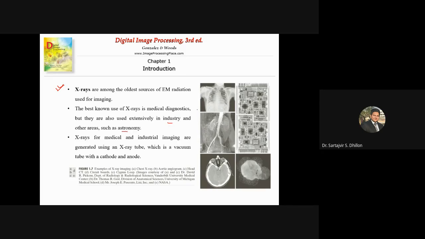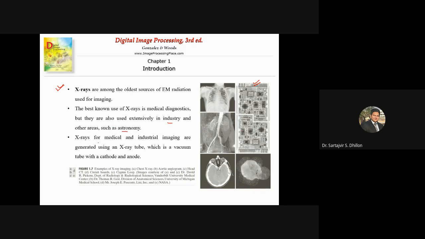In industry, we use it to identify breaks between the conducting wires, as shown in this figure. That is an image of a PCB, a kind of motherboard, and we use X-ray machines to identify breakage between the conducting lines.